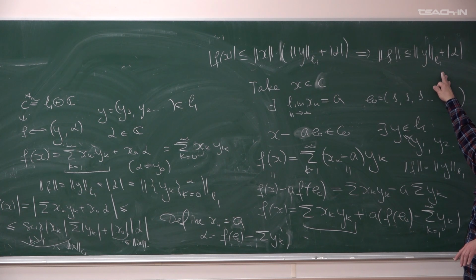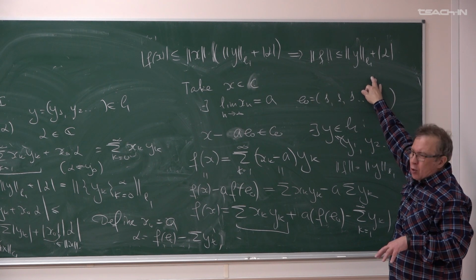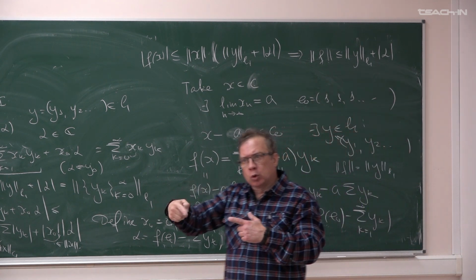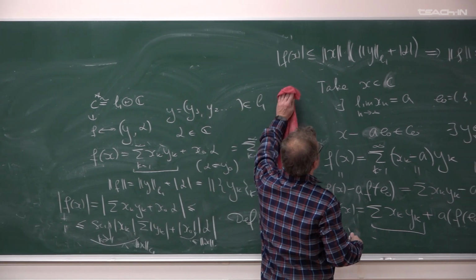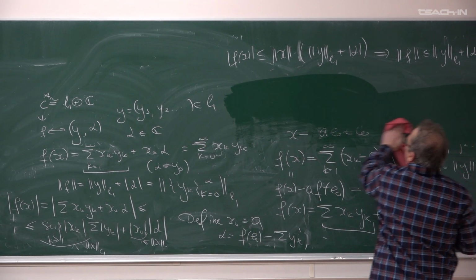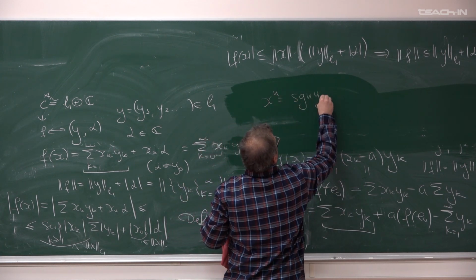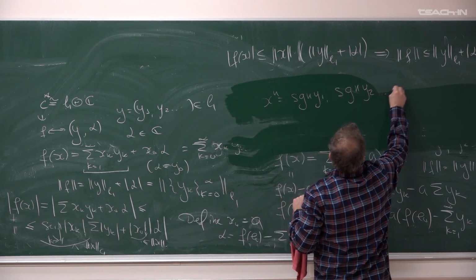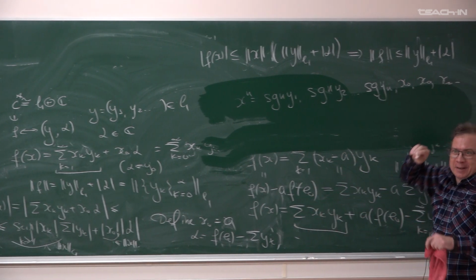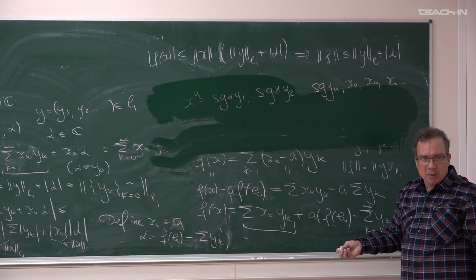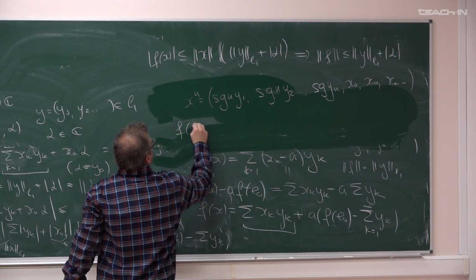And now we must show that we can obtain this number, not just obtain, but go nearer and nearer to this number. What do we take? Take some such element, for example xn equals signum y1, signum y2, up to signum yn, x0, x0, x0, because x0 is the limit of this sequence. And then act by the functional f on xn.